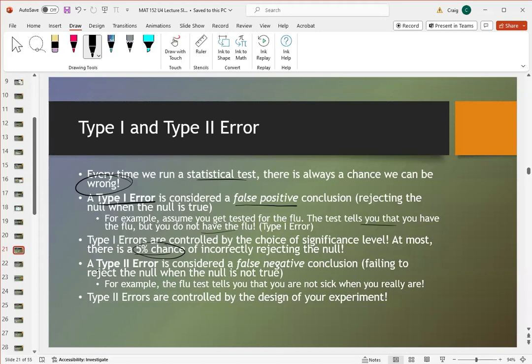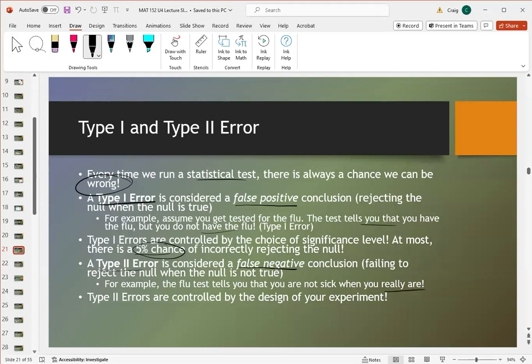A type 2 error is what's considered a false negative. This is when you fail to reject the null and the null is not true. This is failing to find a difference when there actually is a difference. The flu test tells you that you're not sick, but you really are. It tells you that you don't have the flu, but you really do.